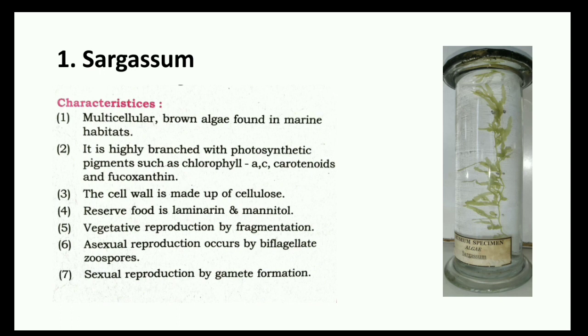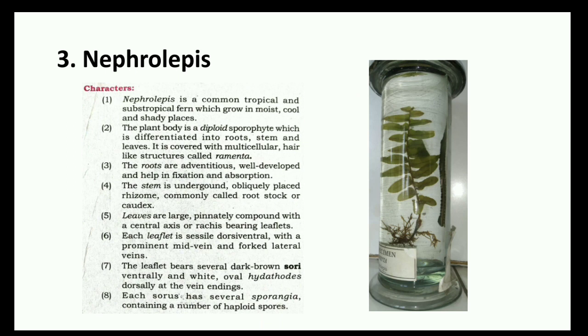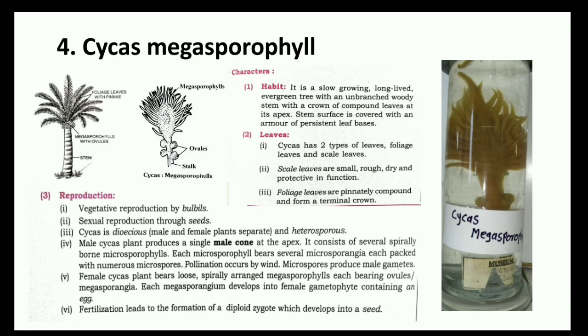So Sargassum belongs to the division Thallophyta, which is algae. Then Funaria belongs to the division Mosses, which is Bryophyta. Then Nephrolepis belongs to the division Pteridophyta. And lastly, Cycas belongs to the division Gymnosperms.